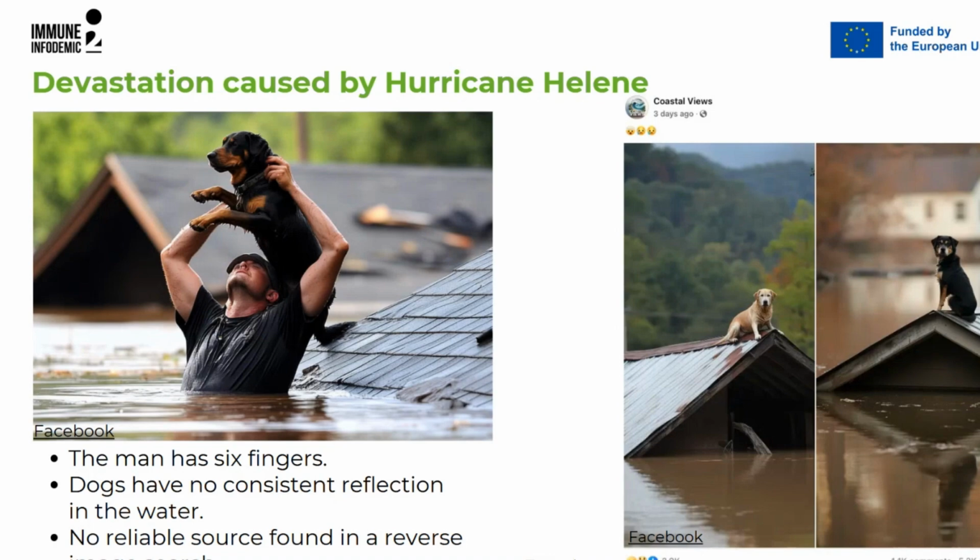And yet, despite all these visual clues, the image was shared about 5,000 times and received over 3,000 likes. This shows just how fast and far AI-generated disinformation can spread, especially when people don't look closely at the details. These kinds of inconsistencies can help us identify fake content, but only if we're paying attention, because at first glance it looks very real.